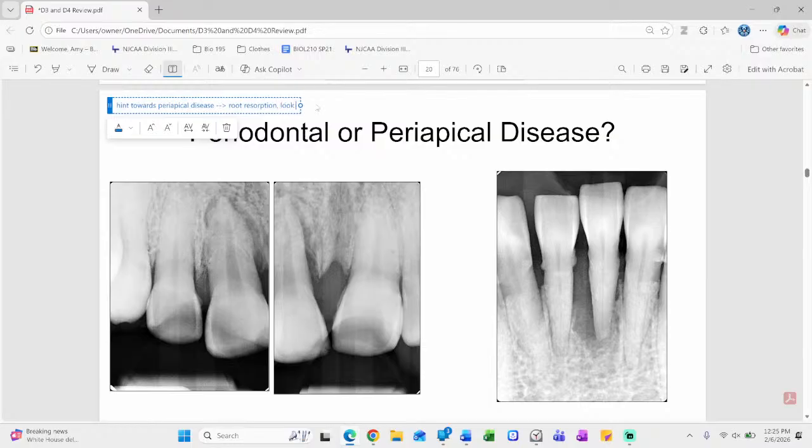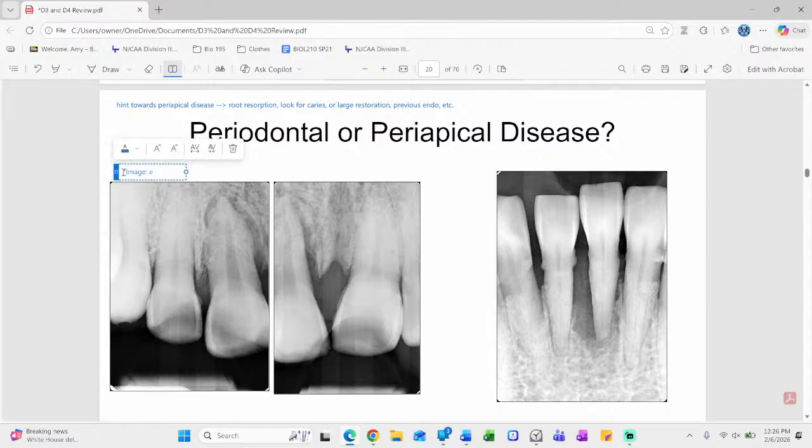Or large restoration, previous restoration, crowns, big caries, previous endo, right? All lead you to thinking perhaps a little bit more pulpal diagnosis, right? But this is periodontal in nature. This is periodontal disease on the picture on the left. So tooth number 8, this is periodontal bone loss.